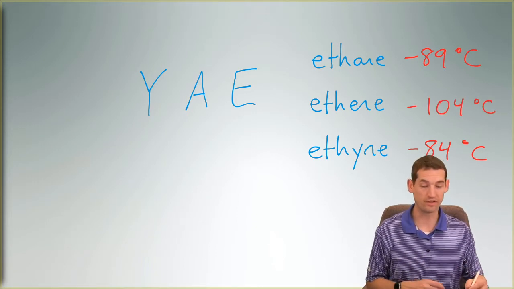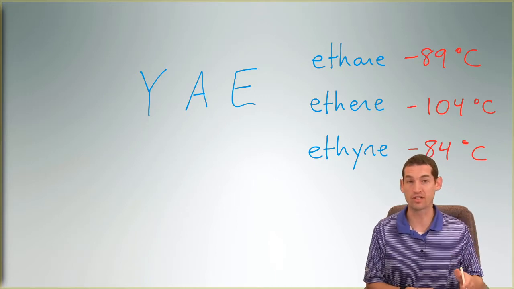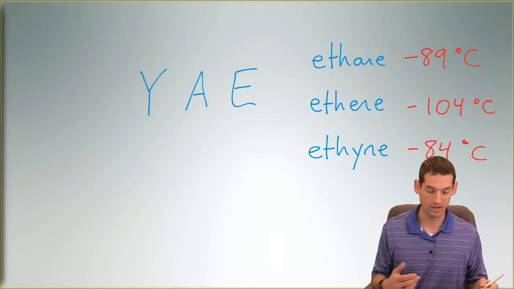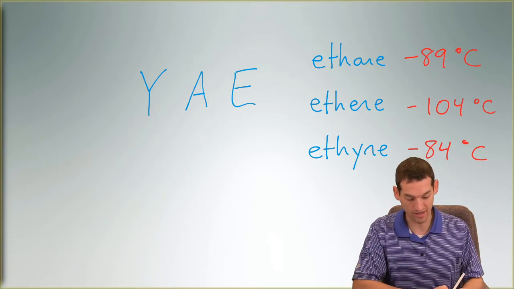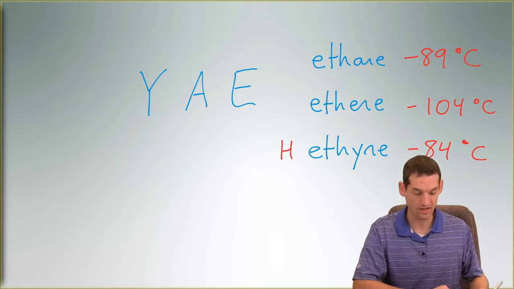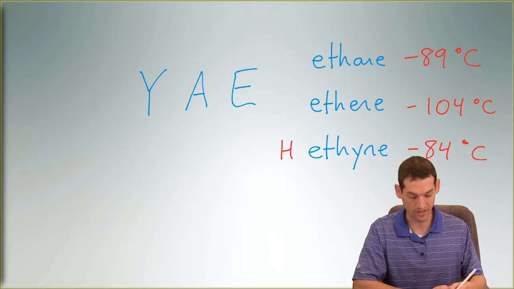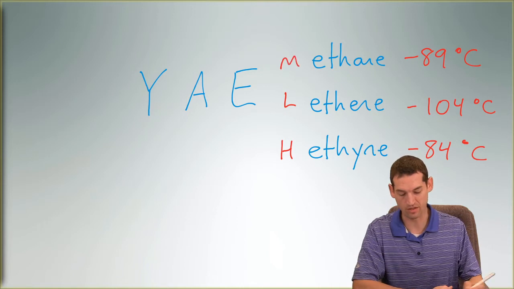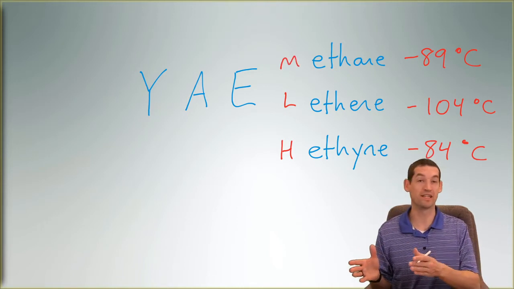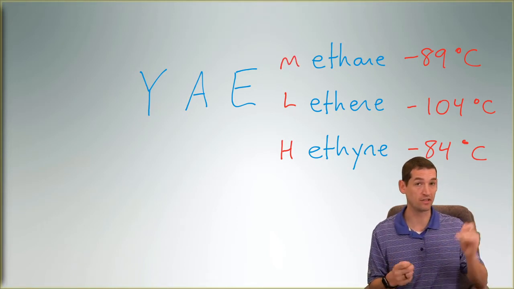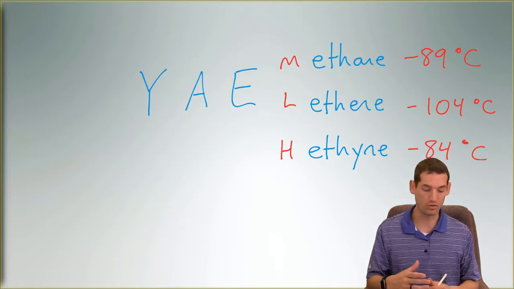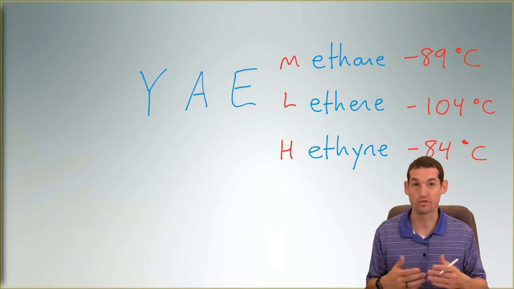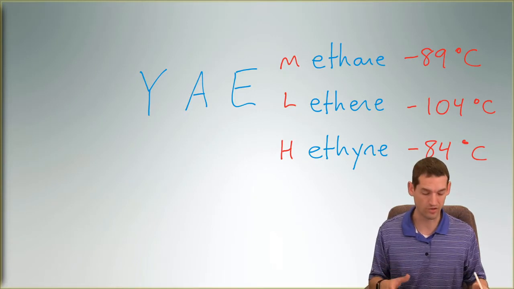Now, I would never expect you to pull out those exact numbers, but what I might expect you to do is put them in order, and you would have to say that ethyne has the highest, in this case ethene has the lowest, and the ethane would be the middle. So depending on whether I said ascending order, meaning getting higher, or descending order, getting lower, you would change the order you put those in, for example, in a numerical response question.